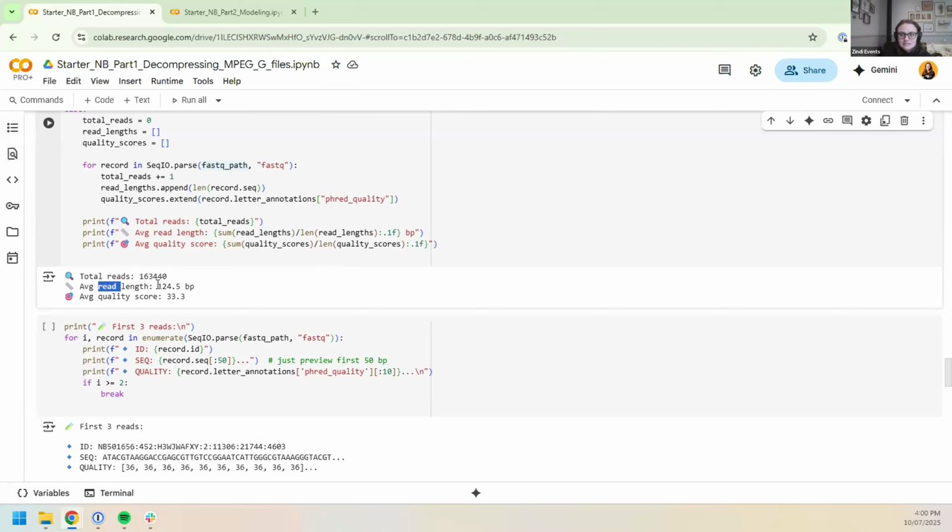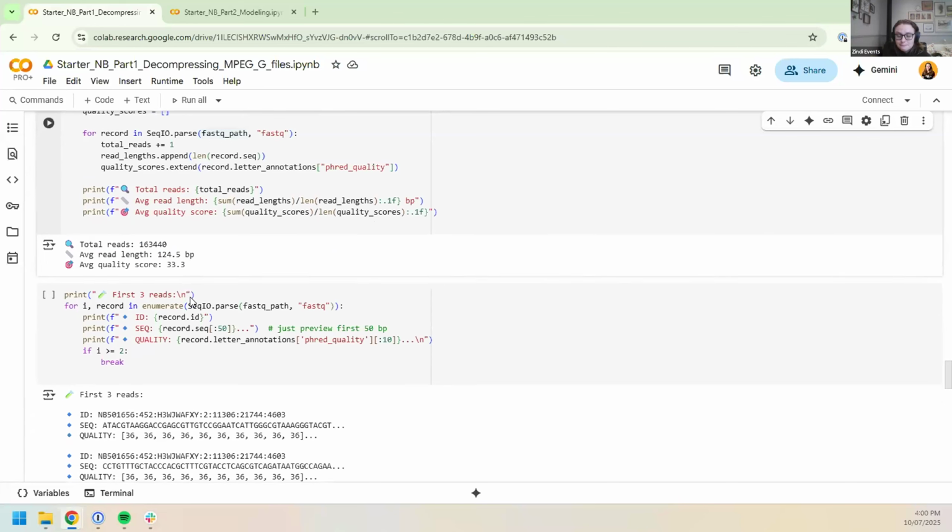An average read length is about 124.5, and the average quality score is 33.3. Jan explained this to me. The difference between a FASTQ and a FASTA file is it just doesn't have this quality score. So you can see if that's useful or even important in modeling.